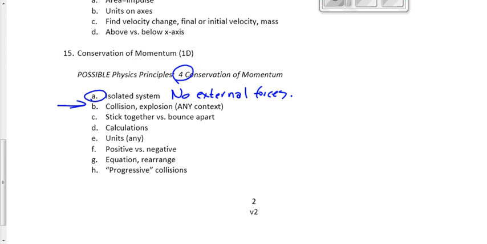Here's a good question. Not so much conservation of momentum, but it takes us back to something that we did earlier today. If I've got that balloon in my hand filled with air, and then I let it go, the air goes one way, the balloon goes the other way. If the balloon happens to gain 10 units of momentum to the north, then what's the momentum of the air that's going out the back of the balloon?